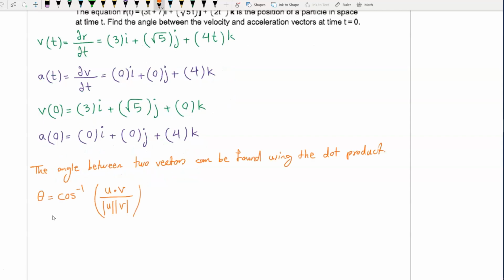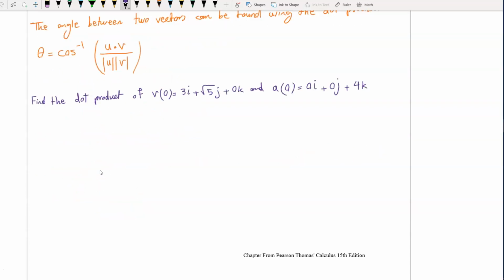So the angle between two vectors can be found using the dot product. So here, our angle theta is equal to arccosine of u dot v divided by absolute value of u multiplied by absolute value of v. So find the dot product of v and a, velocity and acceleration.